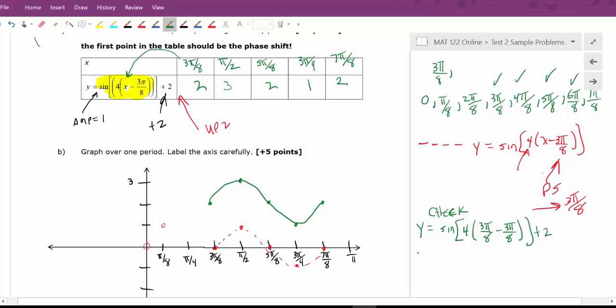So you're going to end up with y equals the sine of 4 times 0 plus 2. So that's the sine of 0 plus 2. Well, the sine of 0 is 0. 0 plus 2 is 2. Look at that. It checked. That has a y value of 2. That's it. Okay, I mean, if you learn to do that, you'll understand this stuff so much better.